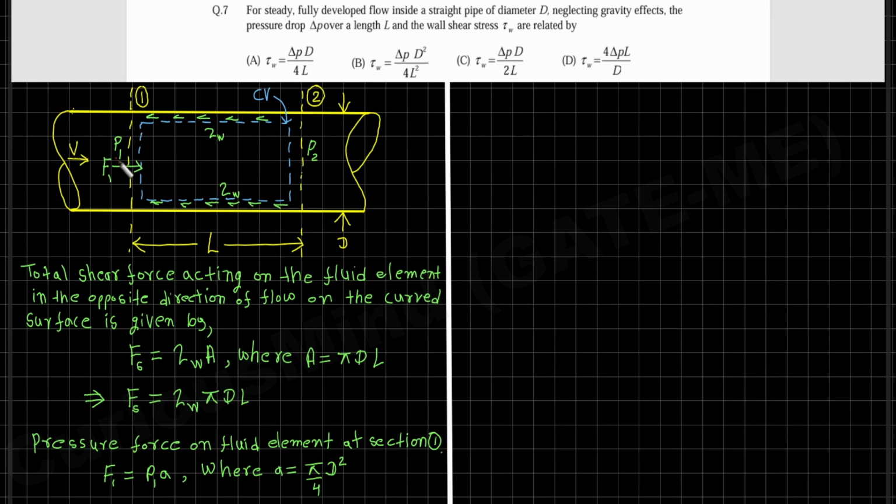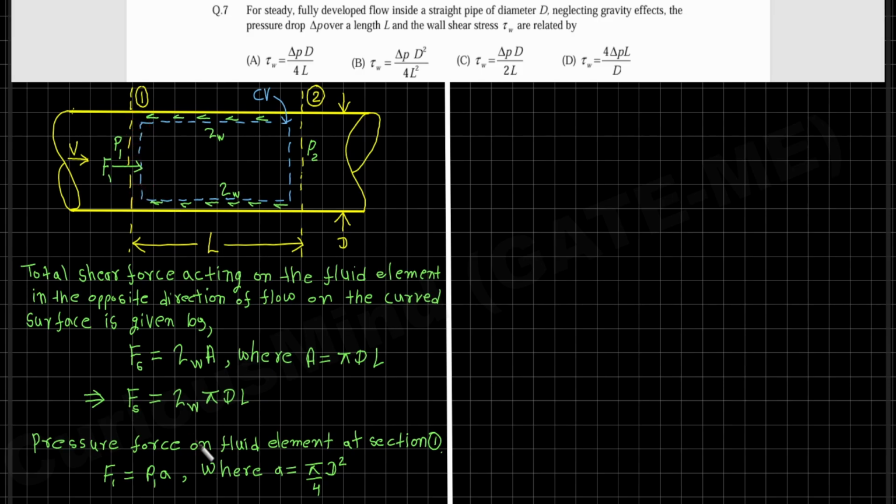The pressure force F1 due to the fluid pressure at section 1 acts on this surface, which is a circular surface of diameter d, in this direction, because we know that the force due to a fluid pressure acts perpendicular to the surface.